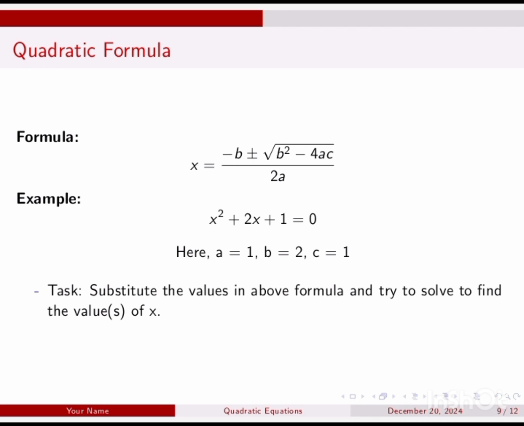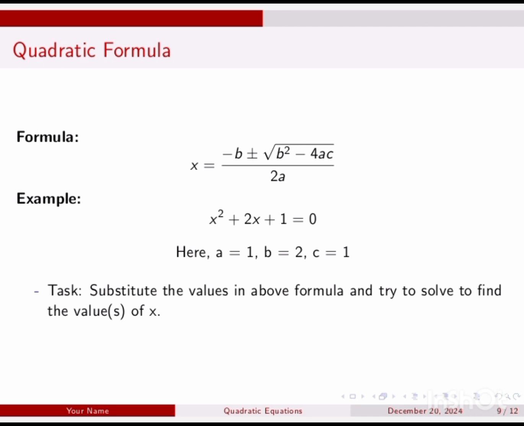Look at the example, x squared plus 2x plus 1 is equal to 0. In this example, the coefficient of x squared is 1, which is a, the coefficient of x is 2, which is b, and the constant term is 1, which is c. Now you can directly put the values of a, b and c into the above formula, and you would notice that the values of x would be the same as you found from the factorization method.